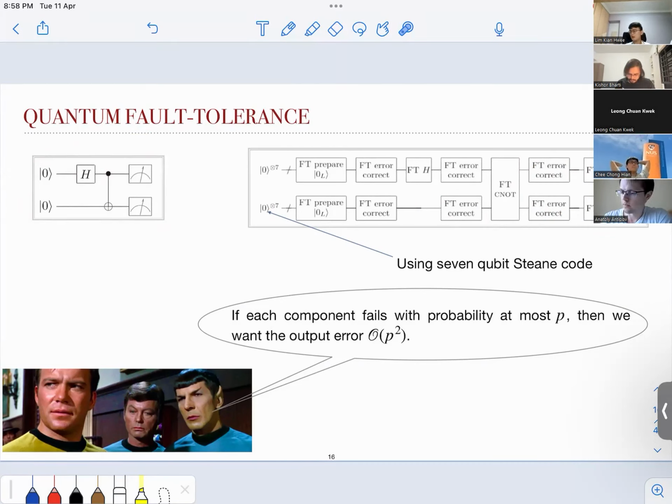The idea is that if every component fails with at most probability P, then after doing all this mumbo jumbo, we want this to go from P to P squared. Otherwise, if it does not decrease, I would just be happy with my old circuit.